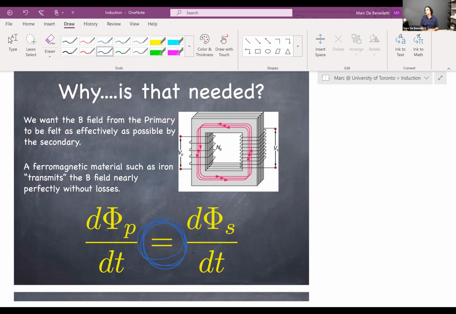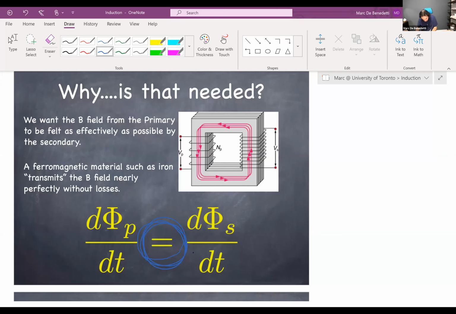Clearly, I could turn on a coil here at my house, and you could just have a random coil sitting somewhere at your house. That doesn't mean it's going to feel the presence of my coil, right? Just because there's a primary and a secondary somewhere in space does not necessarily mean the flux felt by the secondary will be felt.